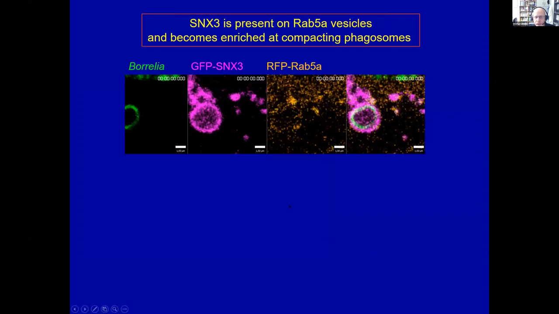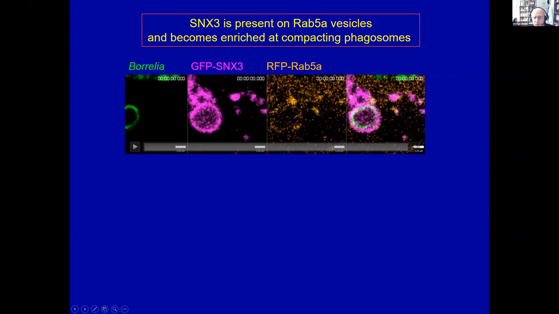What's the relation actually to these vesicles and to the phagosomes that I've been talking about? What Matthias did here is he looked at internalized Borrelia in green, he looked at SNX3, and he looked at RAP5A. And you already see here in this yellowish color, these RAP5A positive vesicles.